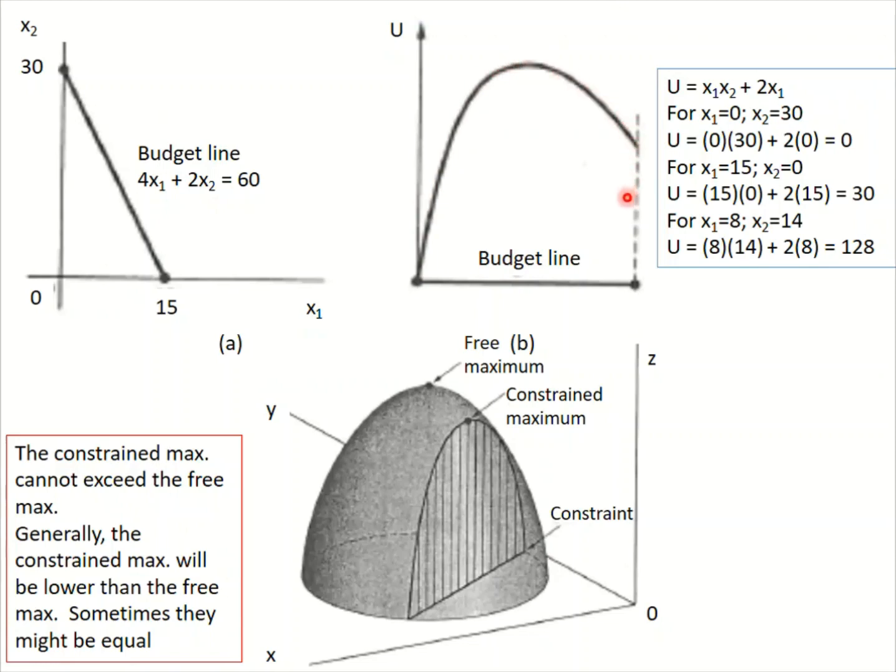A better way to depict this would be to use a 3D diagram where we have the x variable, and here we've called it the y variable. This could just as easily have been labeled X1 and X2, but we've got x and y here, and z is what we're trying to optimize.